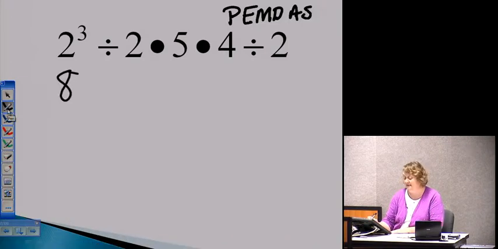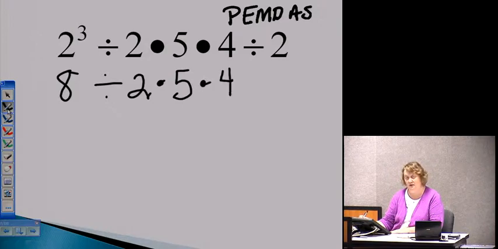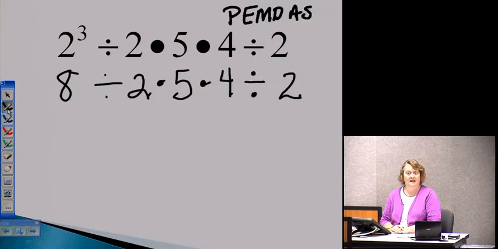Eight divided by 2 times 5 times 4 divided by 2. Notice everything else is left the same.